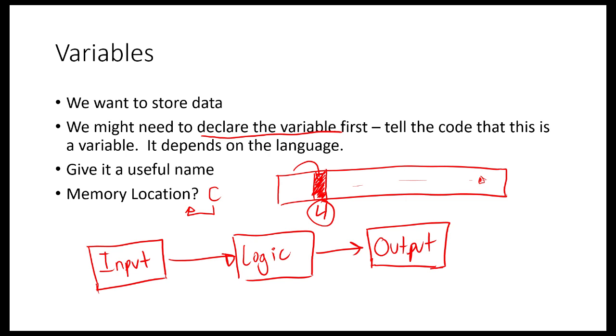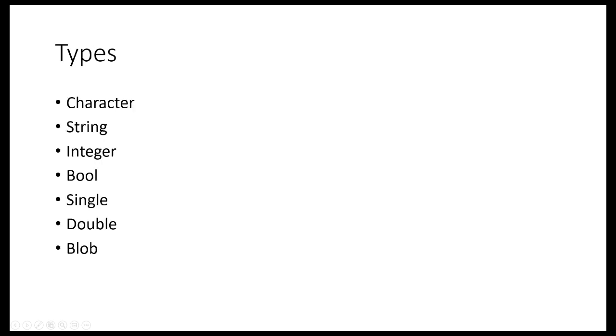So, newer, higher level languages have something called garbage collection. That means when you close the program or when you're done with the variable, we just clear the content. And that's really important for building efficient, user friendly programs.